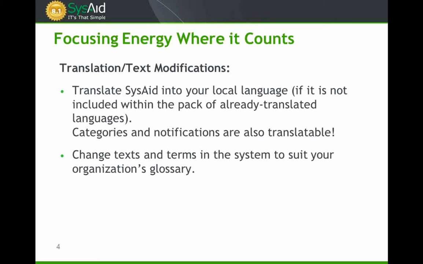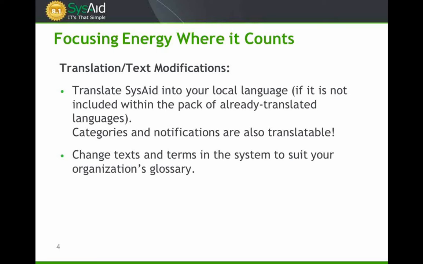And by the way, Sysaid comes with built-in translation to many languages. I actually lost count of how many languages we provide translations for. But if we didn't translate Sysaid to your native language, then you can use the translation feature to do that.